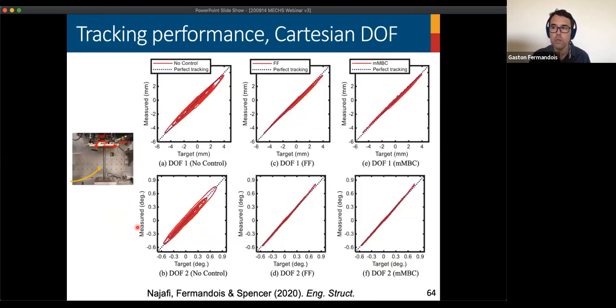So these are the results in Cartesian space. As you can see, these are the results for the 1st degree of freedom, translation, and the 2nd degree of freedom, rotation. No compensation, bad results. And with feed-forward and modified model-based, we got very good accuracy in the synchronization of both signals.